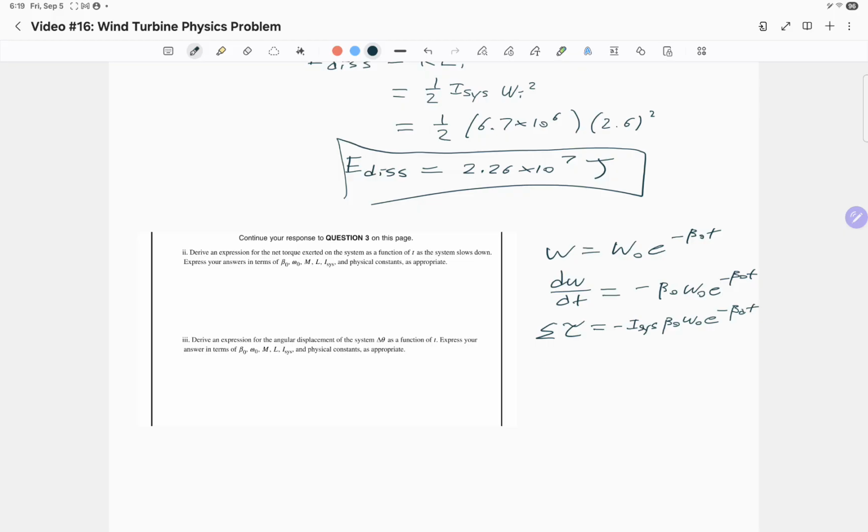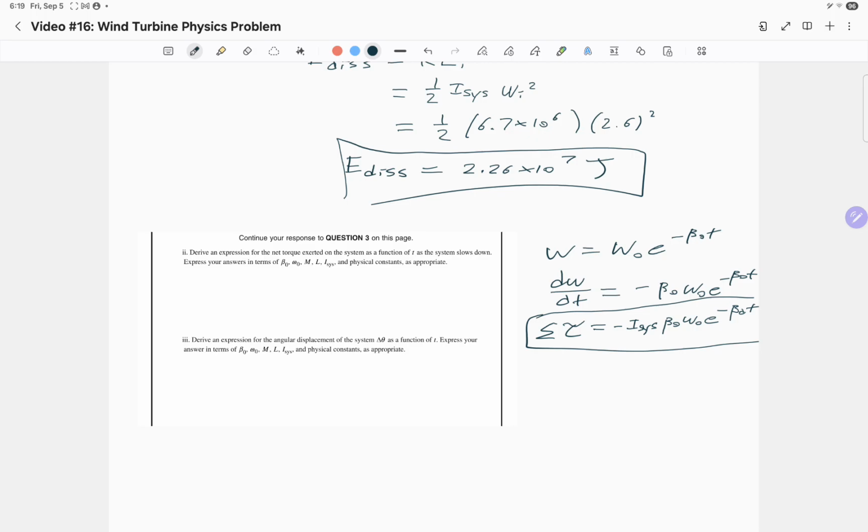That's your answer for part C part I. Okay, so that is how you find the net torque. All we did was take a function for angular velocity, convert that to angular acceleration, multiply by inertia, and then you get torque. That's how we convert between those two.